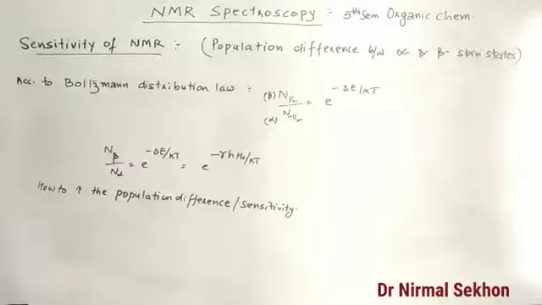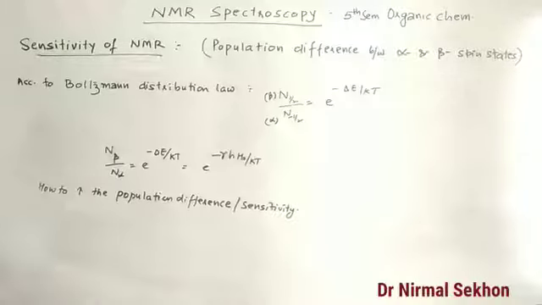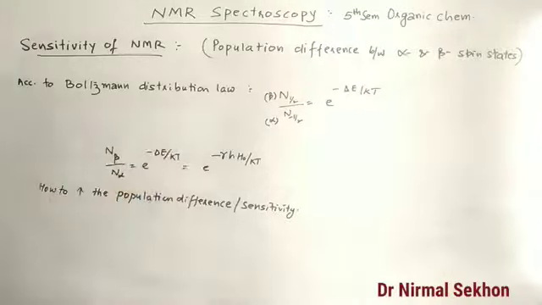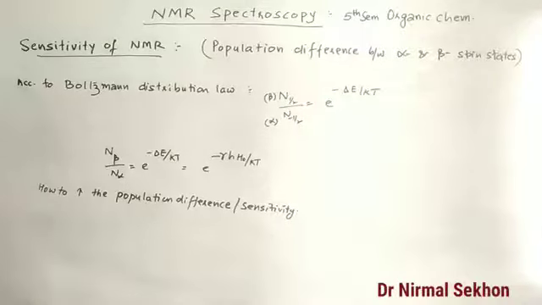But we must increase this ratio, the population difference, because the more the population difference between the alpha state and beta state, the more energy of the radio wave is absorbed, and more energy absorbed means more sensitivity and a more intense peak in the spectrum.